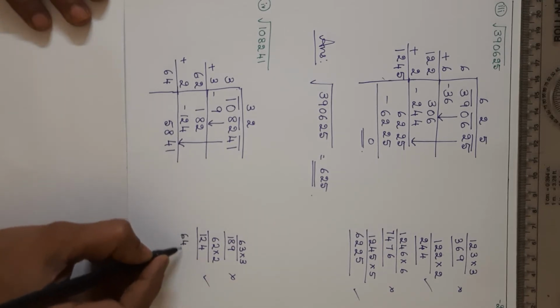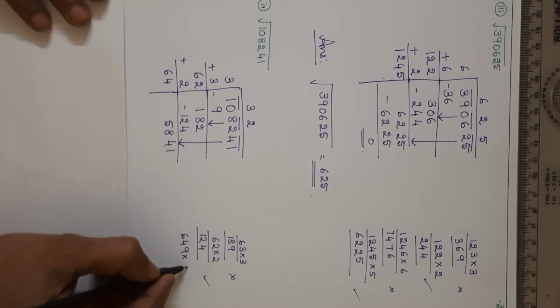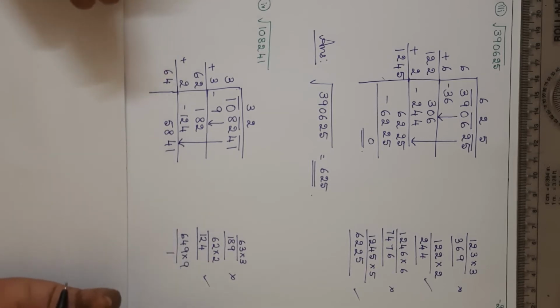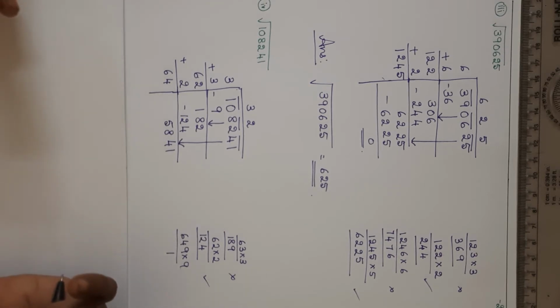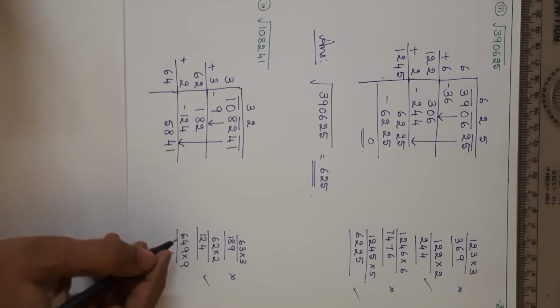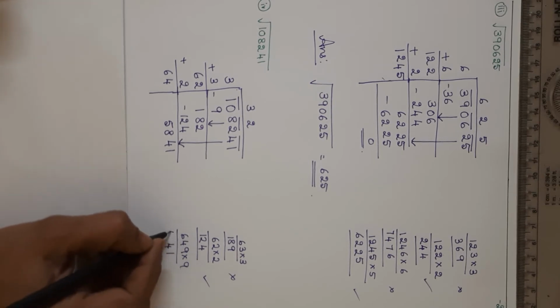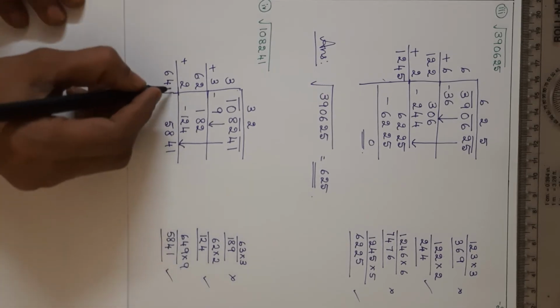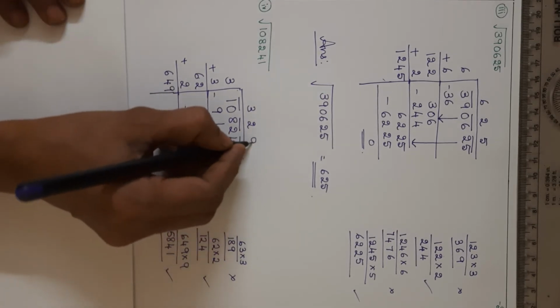So 9 9s are 81. 9 4s are 36, 37, 38, 39, 40, 44. 9 6 are 54, 55, 56, 57, 58. Yes. So we have to put the digit 9.